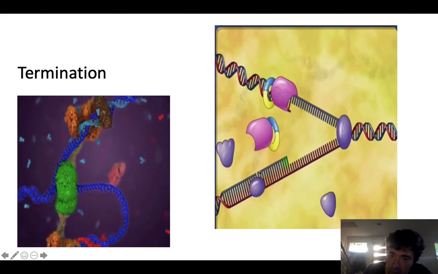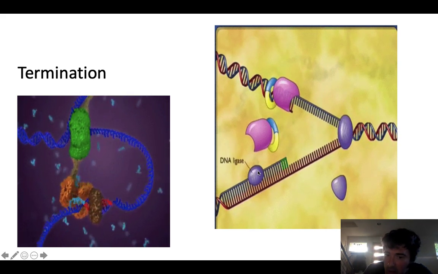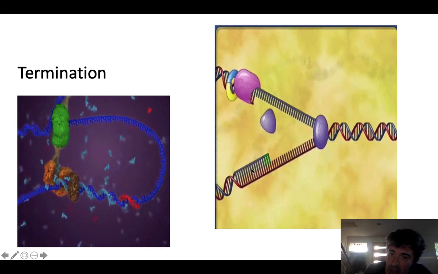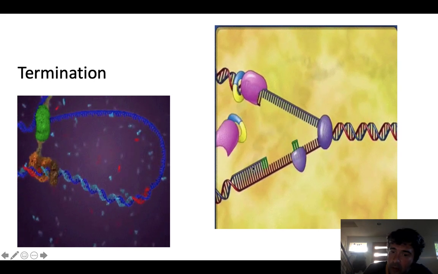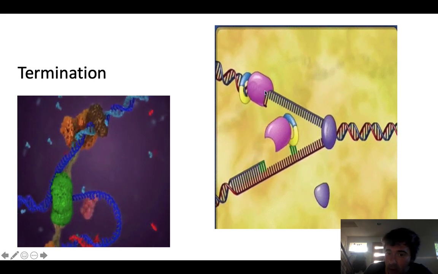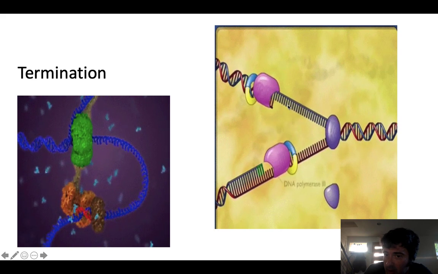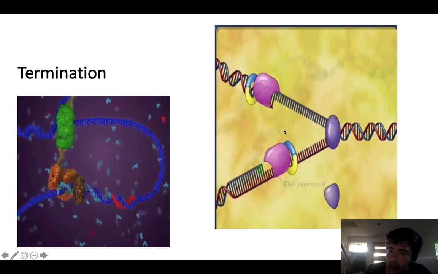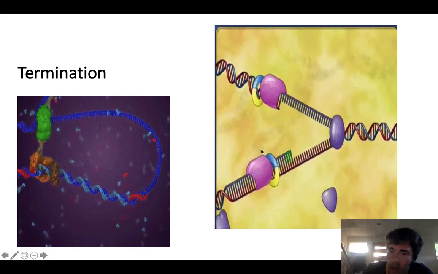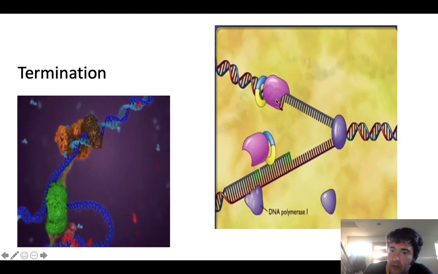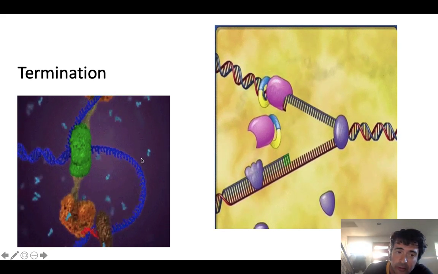It comes in, it fills in those complementary base pairs, and then we get DNA ligase on the lagging strand, knitting those complementary base pairs together, and you see it going on up here with DNA polymerase making the new strand of DNA. So the enzyme that actually physically makes the new strand of DNA is called DNA polymerase.